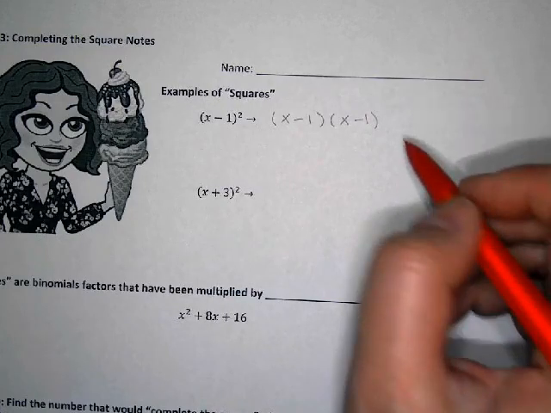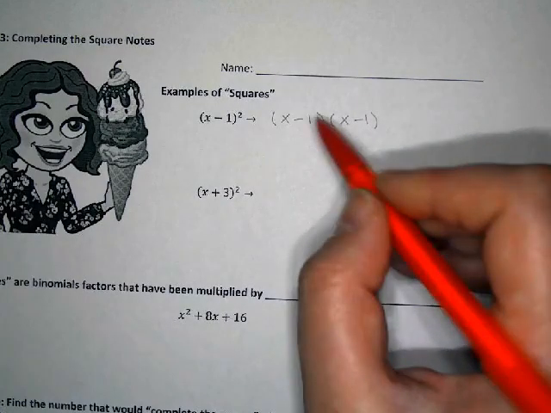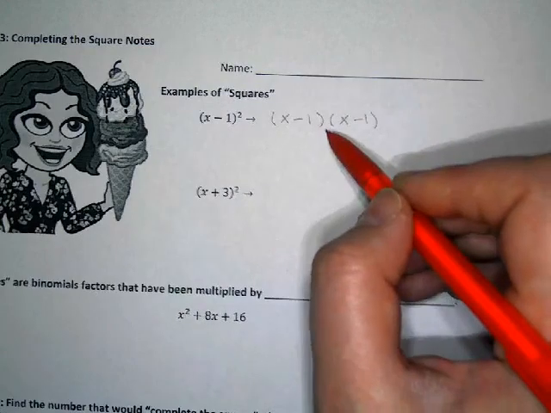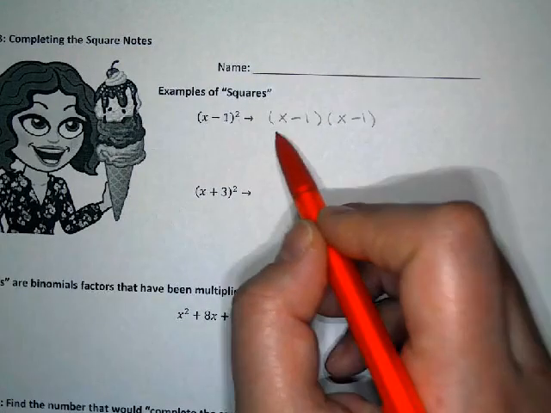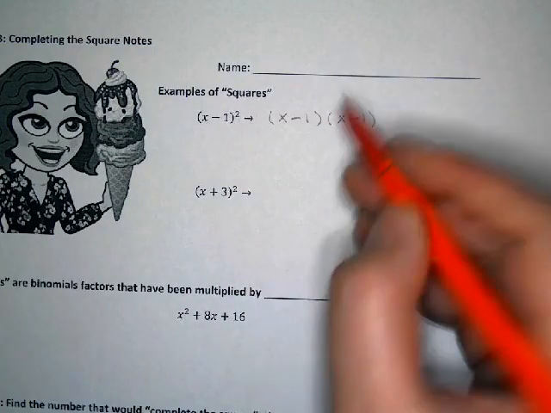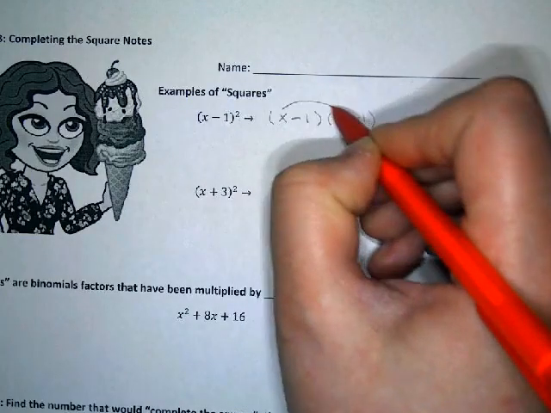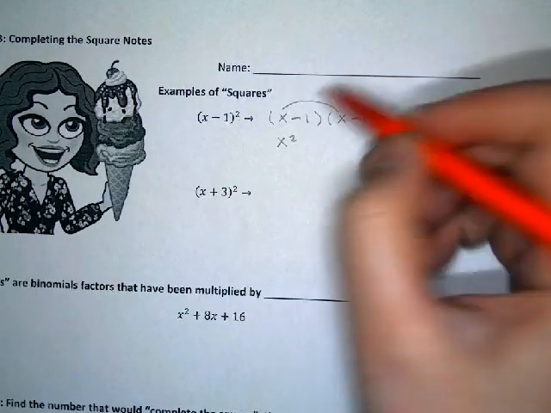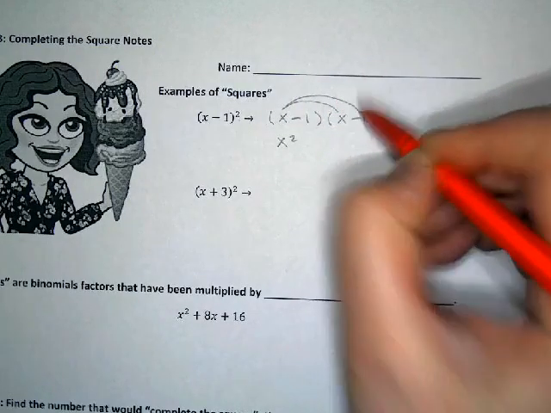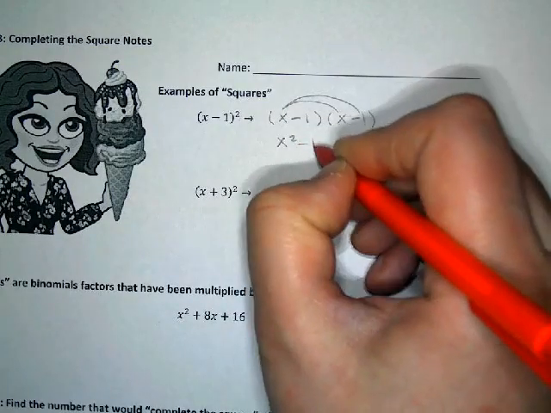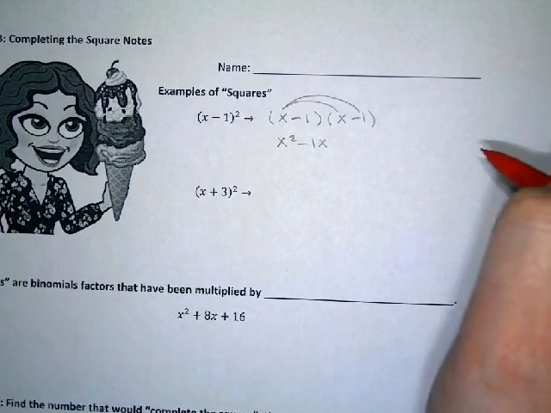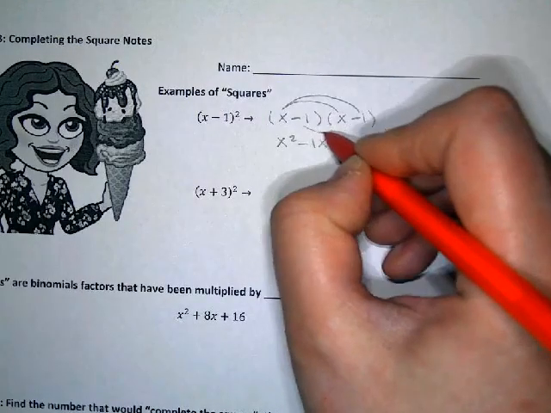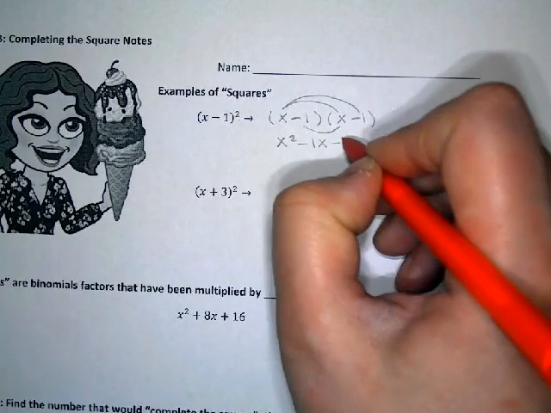All right. So x minus 1 squared, it means we've got 2 of them. And what we're going to do is we're going to multiply these two together. So we've got x multiplied by x is x squared. X multiplied by -1 is -1x. -1 multiplied by x is -1x.